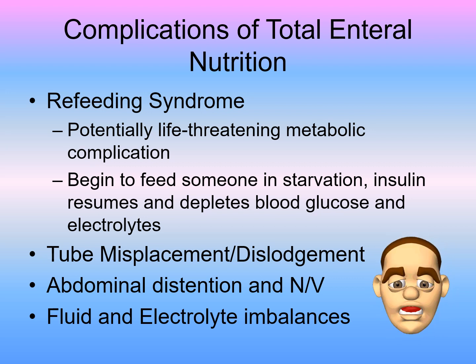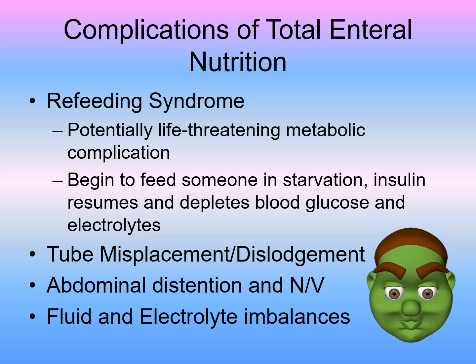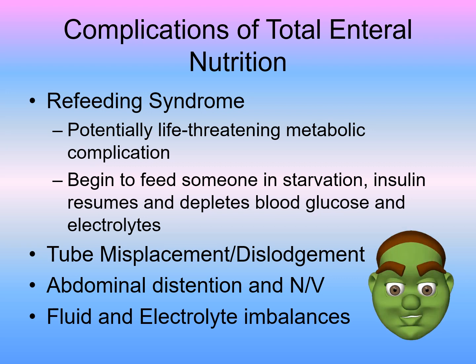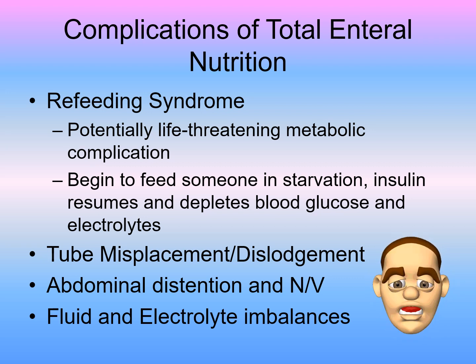Just so you know, that's not a good idea. Refeeding syndrome is a potentially life-threatening complication related to fluid and electrolyte shifts during aggressive nutrition rehabilitation of patients in a state of starvation. So it's not a good thing to just pile on food on people who are not used to having it.